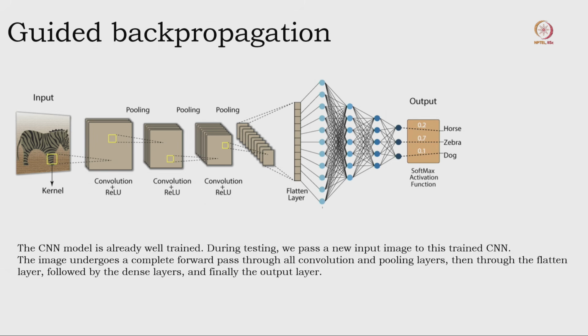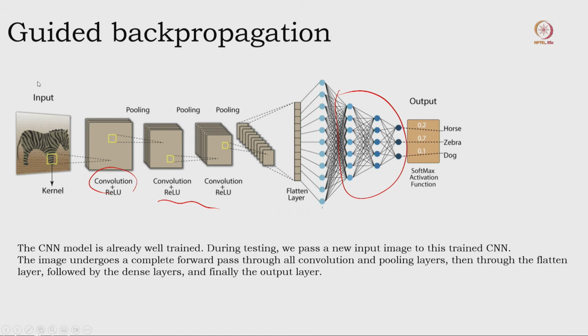By looking at these, we will understand how well the model has trained. Once the model is well trained, it means all the kernels at the convolution layers and the weights at the fully connected layer are well optimized.